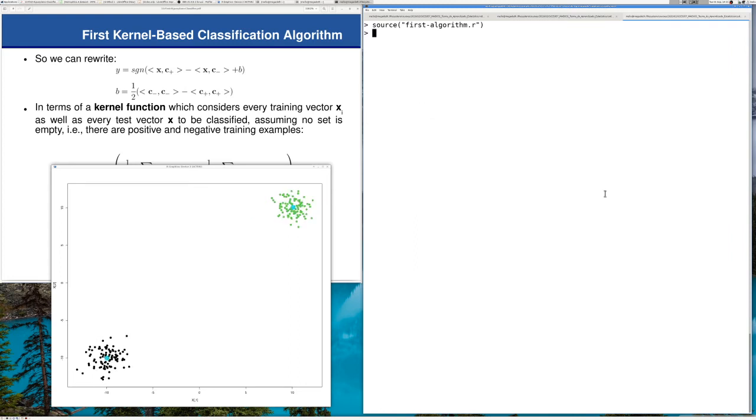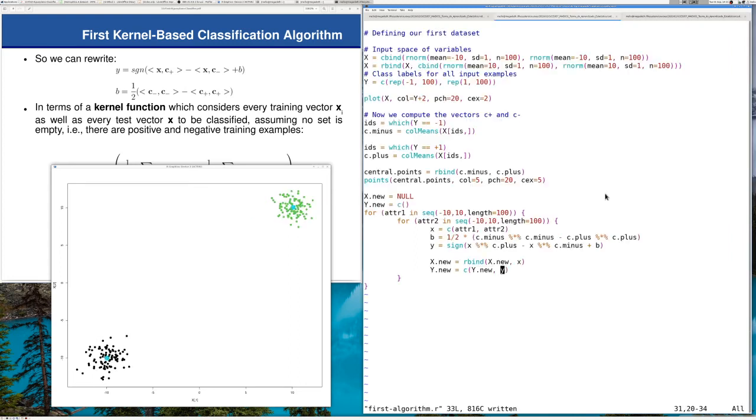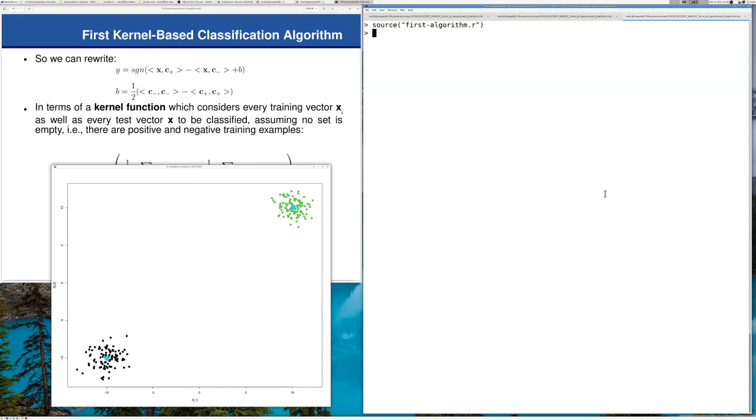It's going to take some time, not too much. Yeah, finished. I can plot x new now. What is interesting is that I can plot x new using colors given by y new. I'm going to sum up not 2 but 3, just to make it different. Let's see what's going to happen. Take a look, guys. That's so interesting.